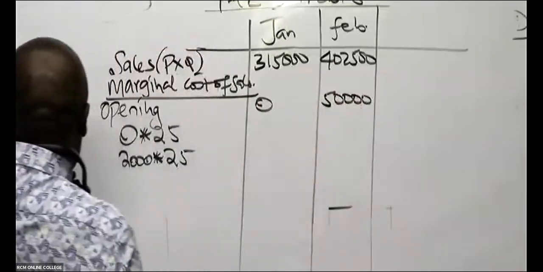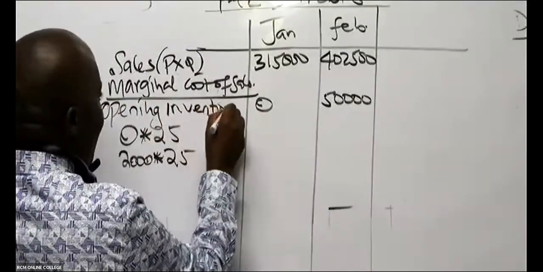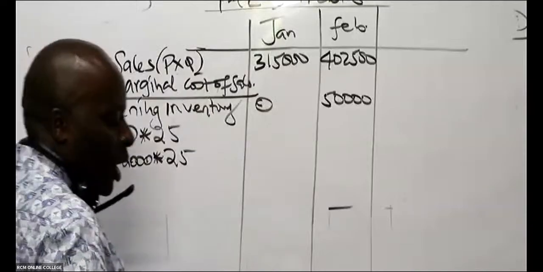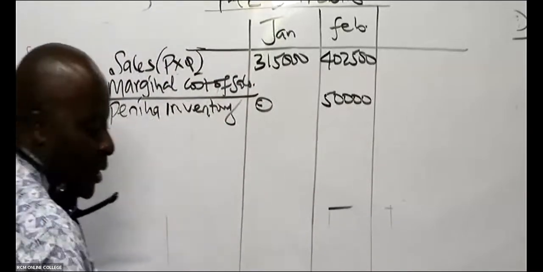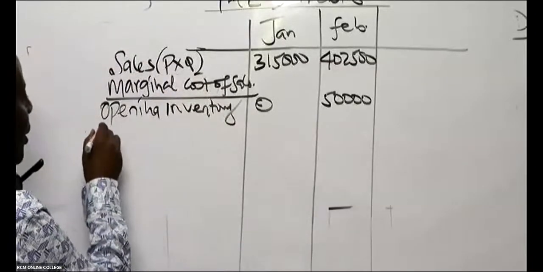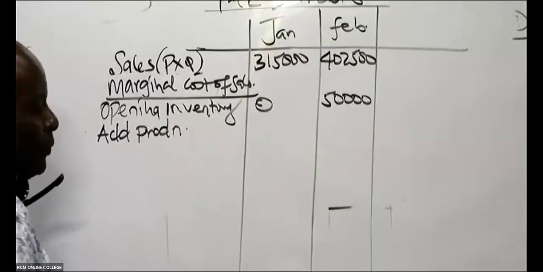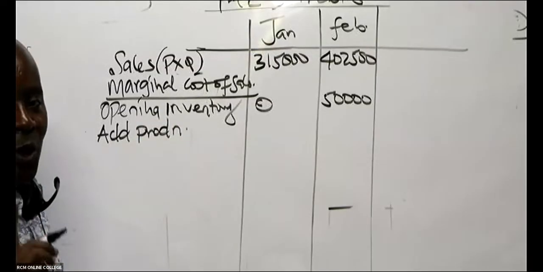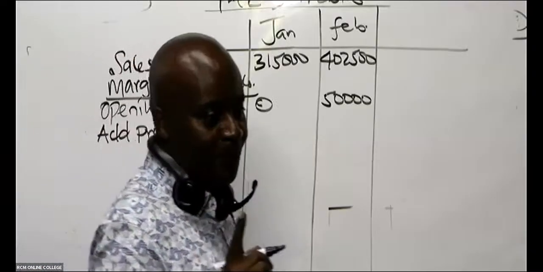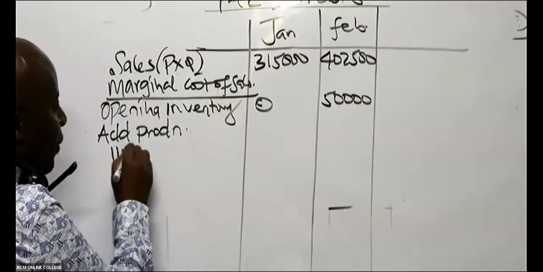And then, ladies and gentlemen, apart from opening inventory, we add what here? Add production, isn't it? So how many units were produced in January? 11,000.